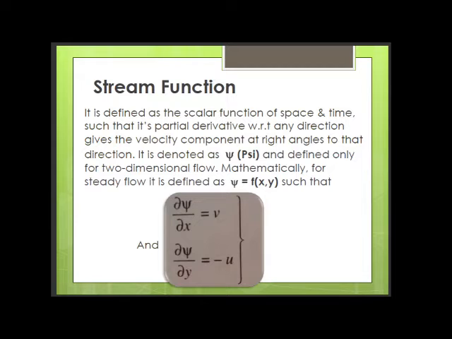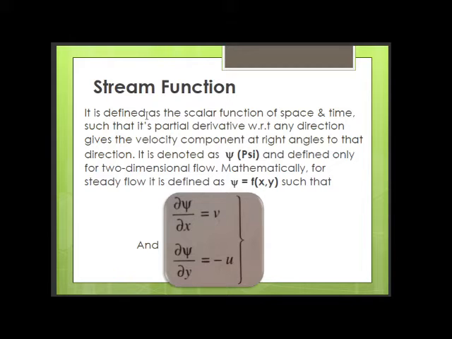The stream function is defined only for two-dimensional flow, whereas the velocity potential function is defined for both two-dimensional and three-dimensional flow. This is the difference between these two functions.